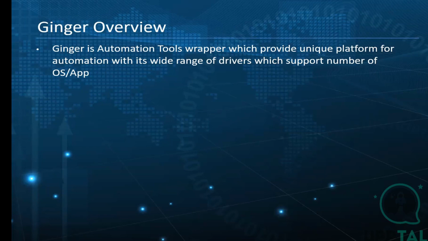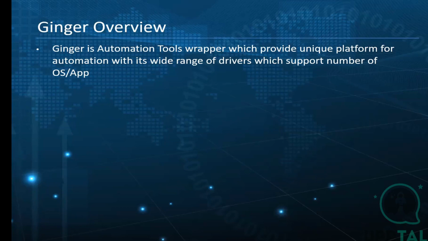Why did we do it? Because in our end-to-end flow, the flow starts from a web application, then goes to a window-based application, then to a Java application, then to API automation, that is backend automation, and then to Unix automation. So we have different platforms.